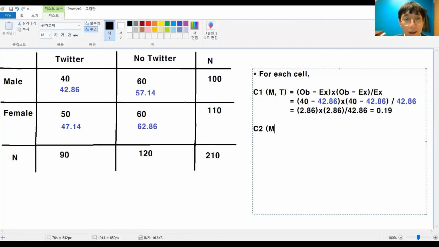Next, the male with no tweeter. I want to calculate this cell. Same thing: the observed frequency for male with no tweeter, 60, minus the expected frequency 57.14, squared, and divided by the expected frequency.